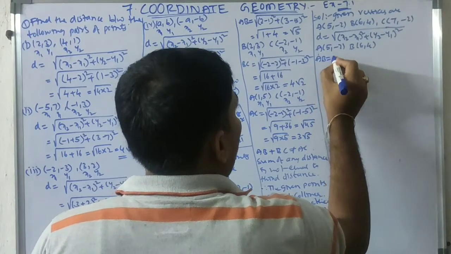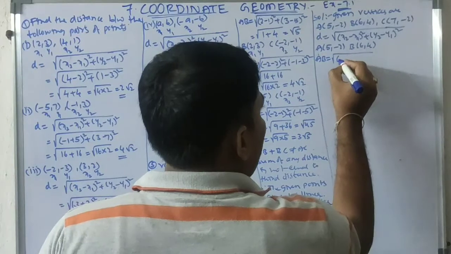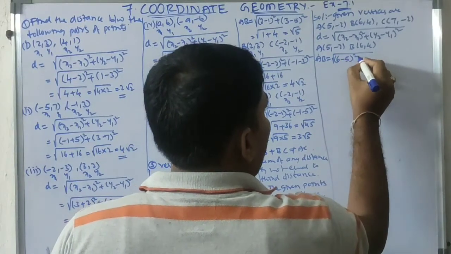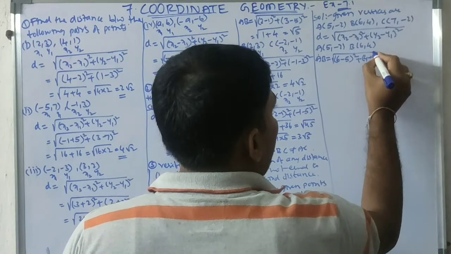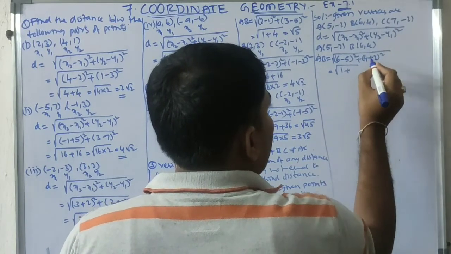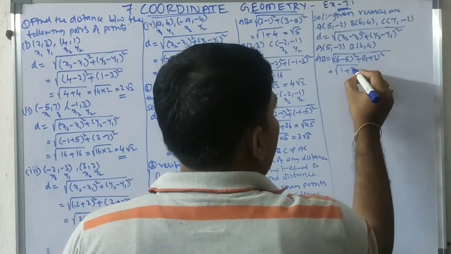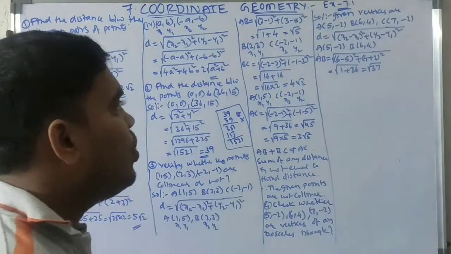I am taking AB. AB equal to under root of (6 minus 5) whole square plus (4 plus 2) whole square. So 6 minus 5 is 1, square 1; 4 plus 2 is 6, square 36; 1 plus 36 is 37. So AB equal to root 37.